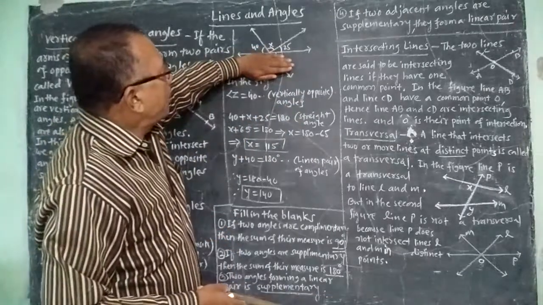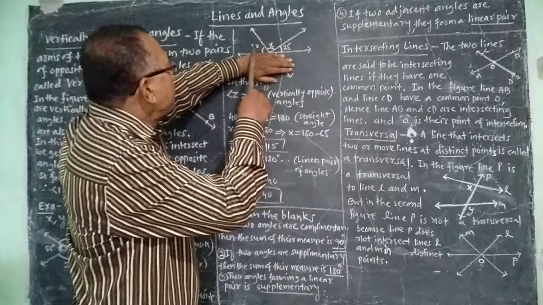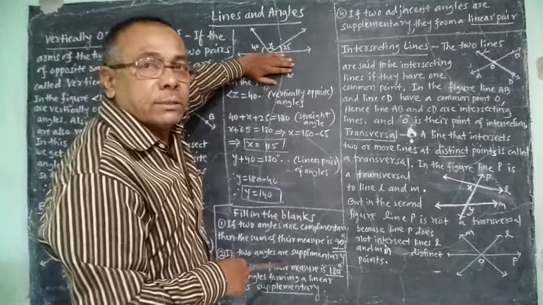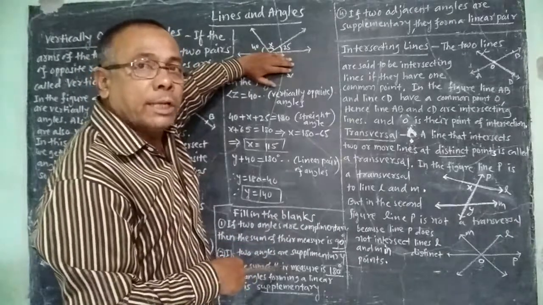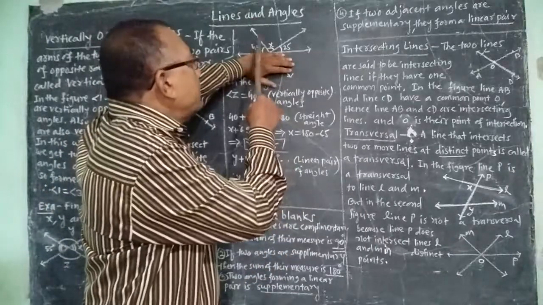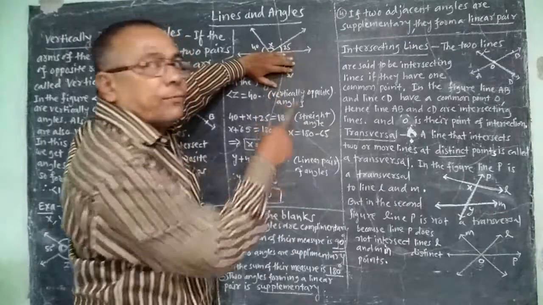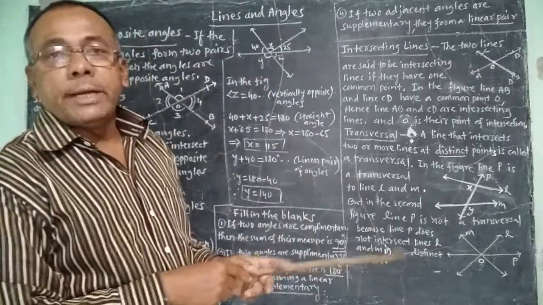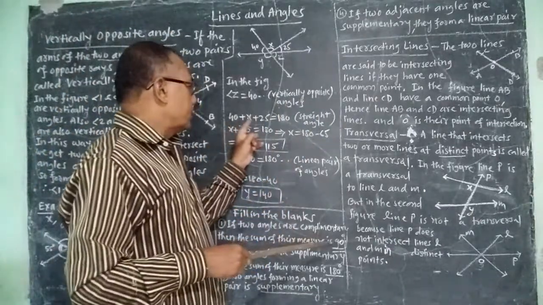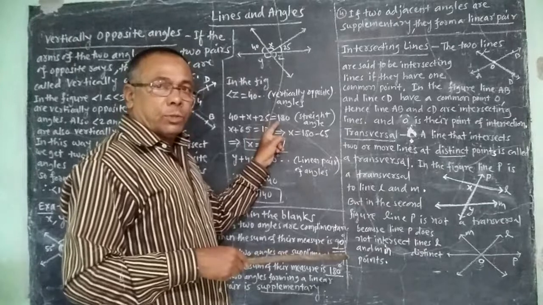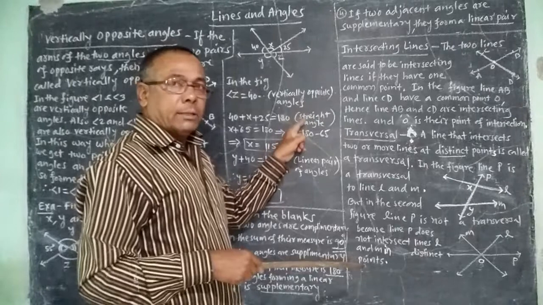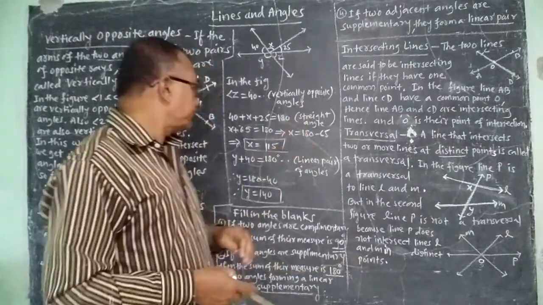Now along the line, three angles are there, and we know that the sum of the angles along the line is always 180 degrees. So 40 plus x plus 25 is equal to 180 degrees because they are along the straight angle.